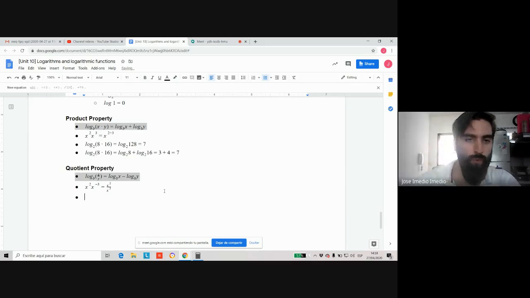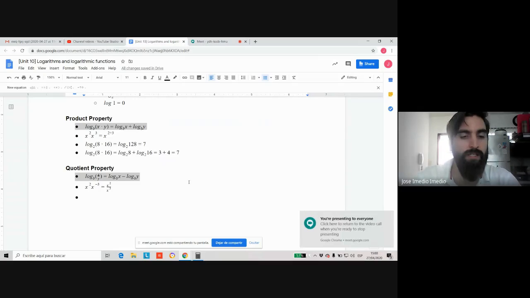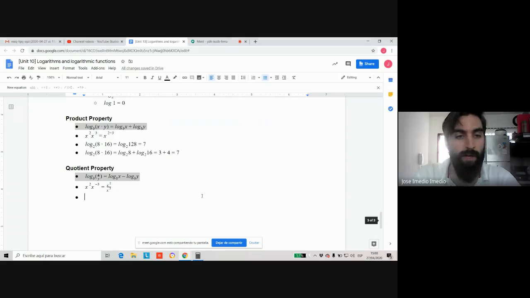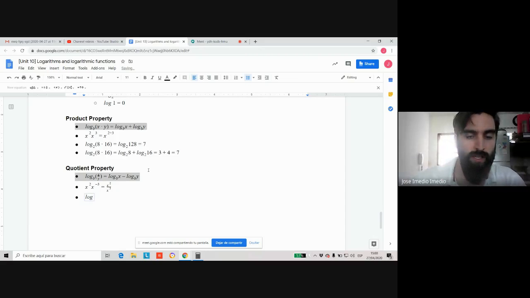Okay, so same thing as before. Let's solve an example here. So for example, let's use base 3 now.